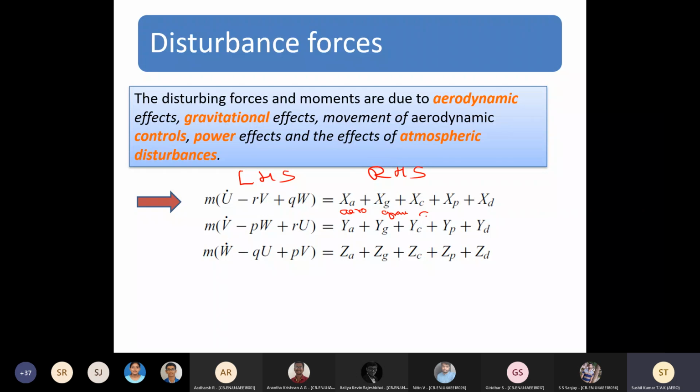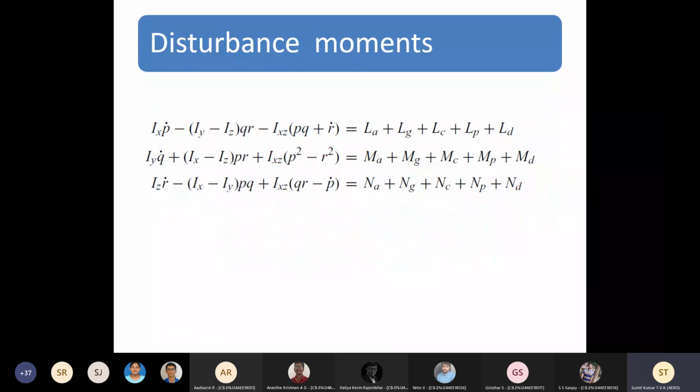C is control, P is power, and D is atmospheric disturbances like gust and all those things. Likewise, you do it for all three equations. Again, going back to moment equations, here you have the same aerodynamic, gravitational, control, power and disturbances.